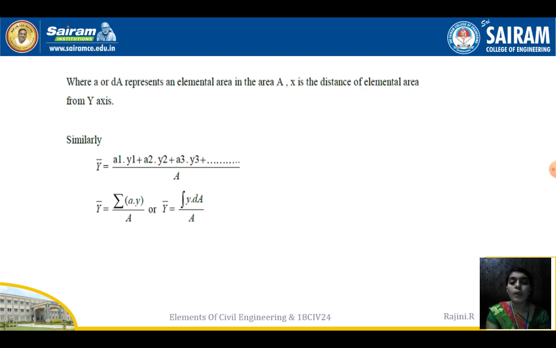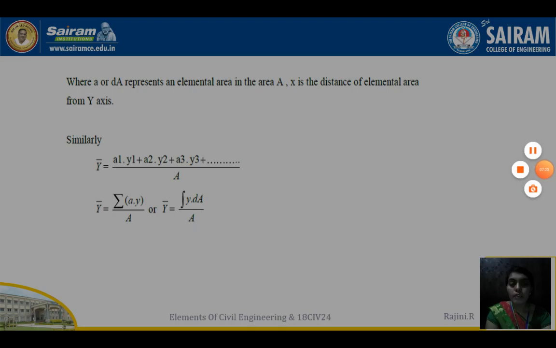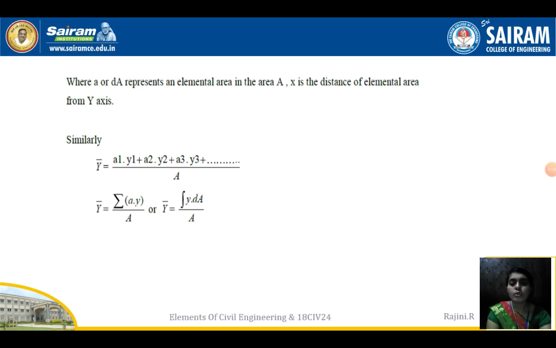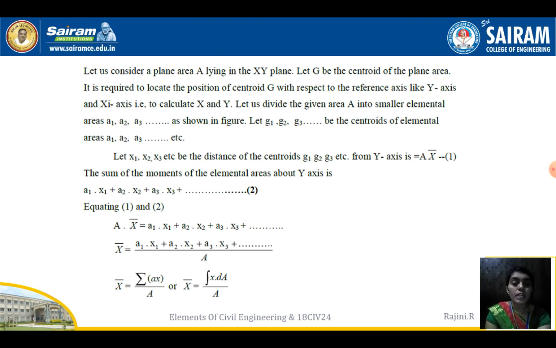Similar to this, y bar is equal to A1 y1 plus A2 y2 plus A3 y3 divided by the area. Here you can see we are taking all x distances, multiplying your x distances with all A1, A2, A3.